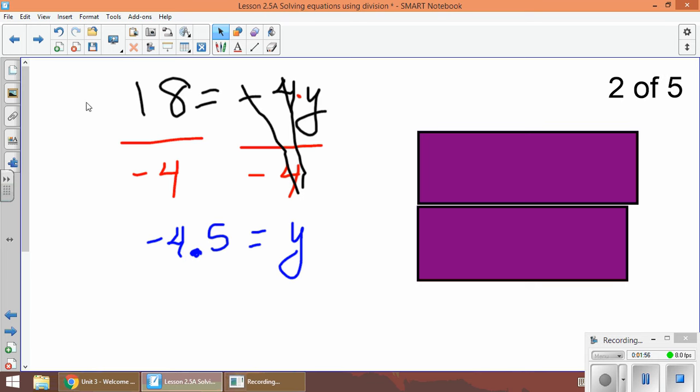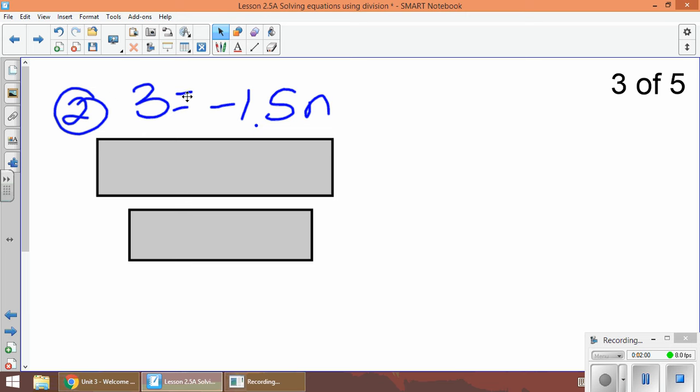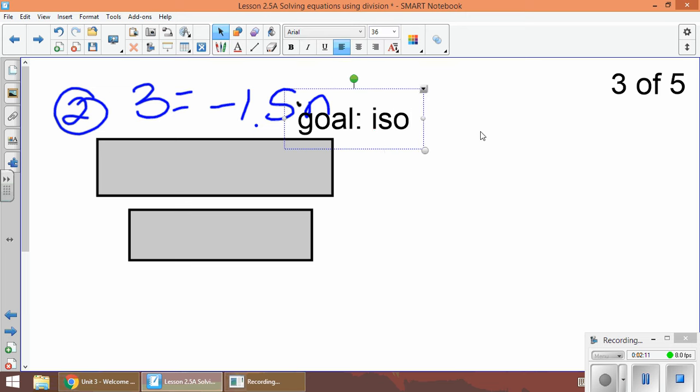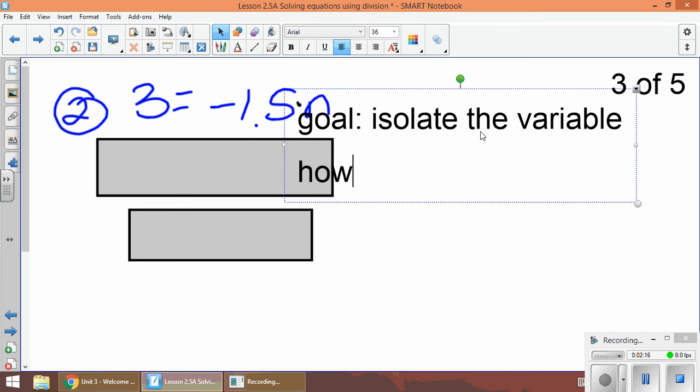Right, here we are. We're going to page 3 of 5. So 3 is equal to negative 1.5 times n. So once again, remember the operation is multiplication. My goal, remember, is to isolate the variable. And how do I do that?